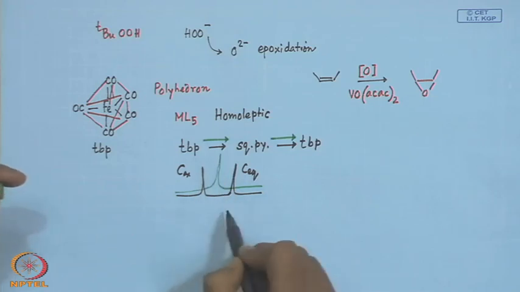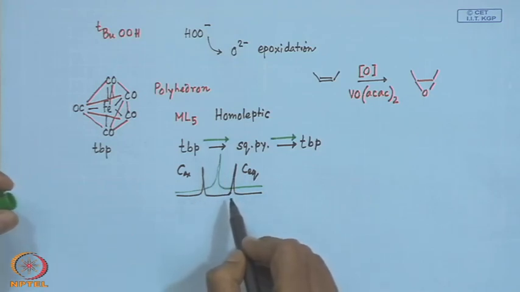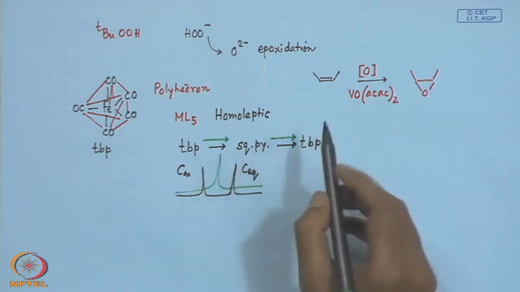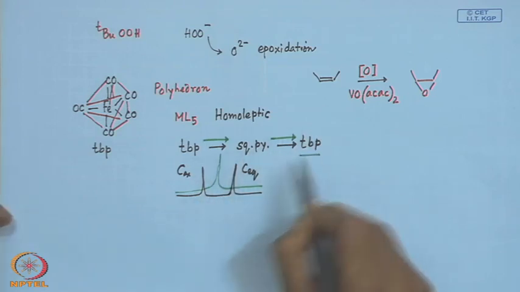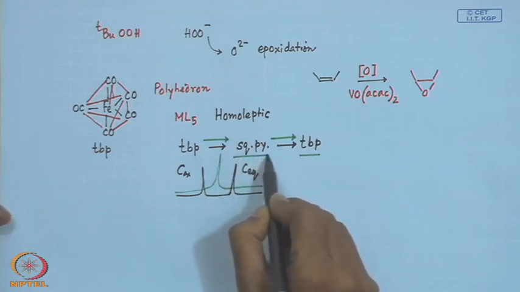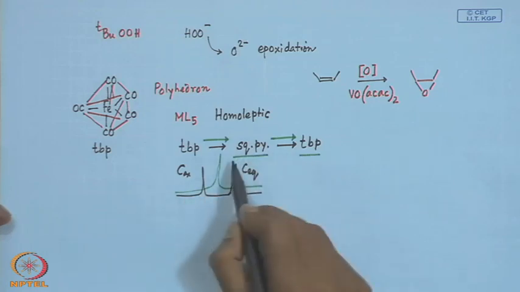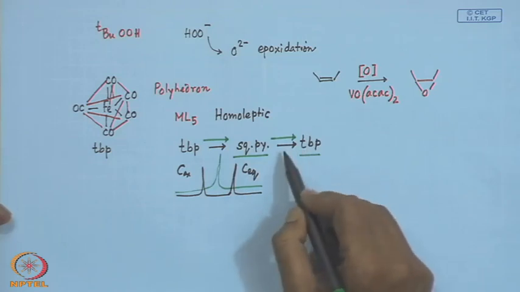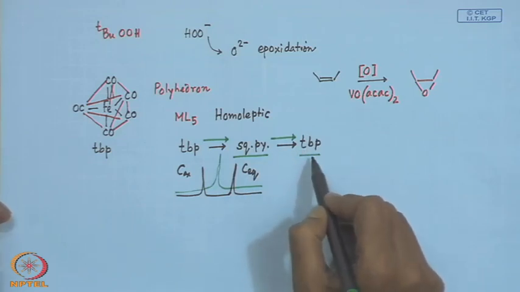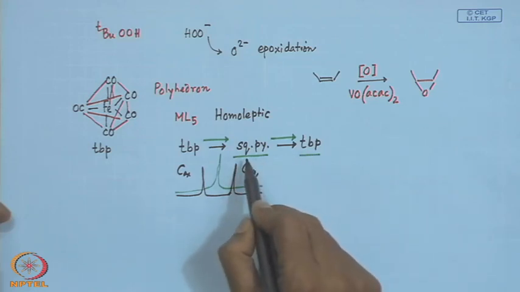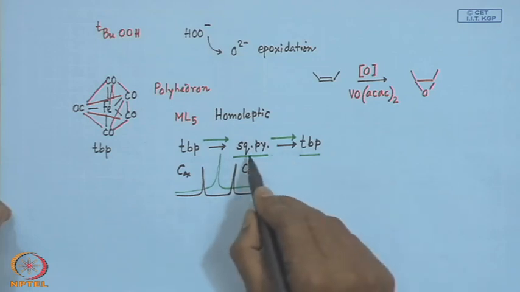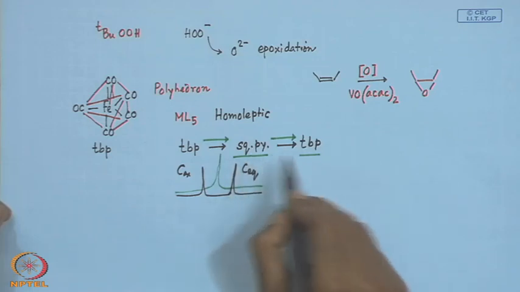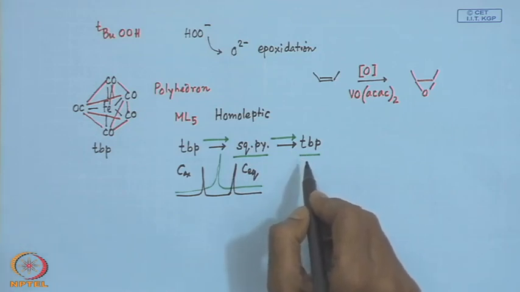If we go down to a lower temperature, we can freeze these two individual structures. If we freeze this TBP structure and this square pyramidal structure, each having two types of CO groups attached to the iron center, and their positions are all different, theoretically we should have 4 signals, 2 from the square pyramidal geometry and 2 from the trigonal bipyramidal geometry.